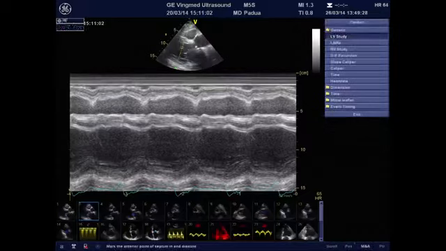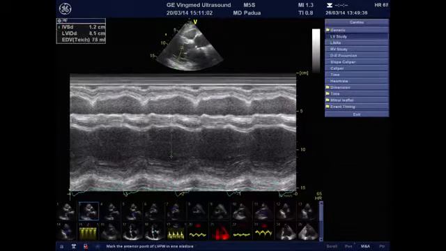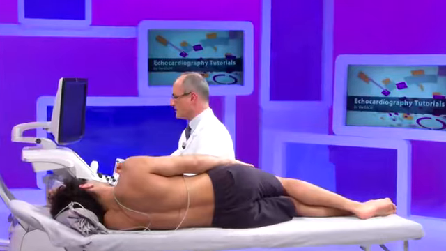And here it is really easy because you measure as any usual M mode, leading edge to leading edge. This is the septum. Then you have the diameter of the left ventricle and then the thickness of the posterior wall. And these measurements are one of the most important during the examination of the patient.